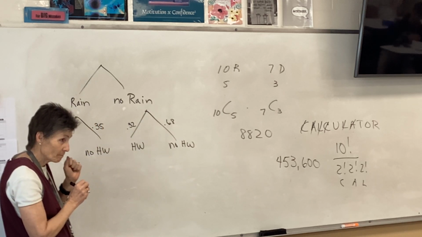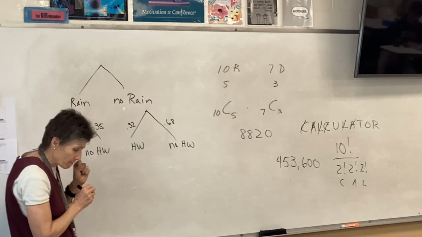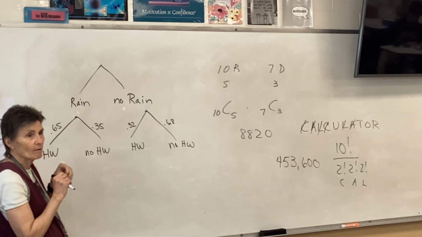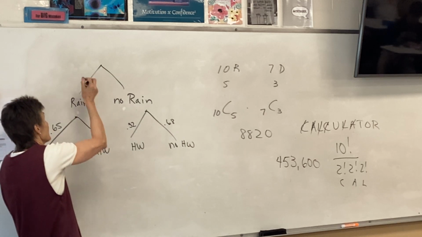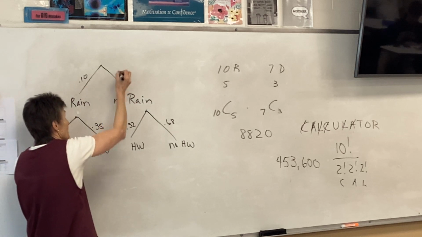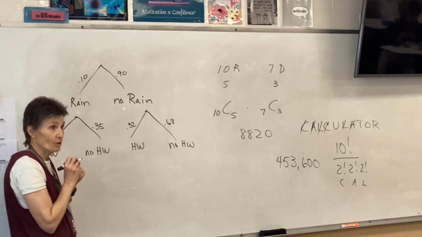Everybody okay? Jack? There is a 10% chance of rain. So 10% chance of rain. So 90% chance of no rain.